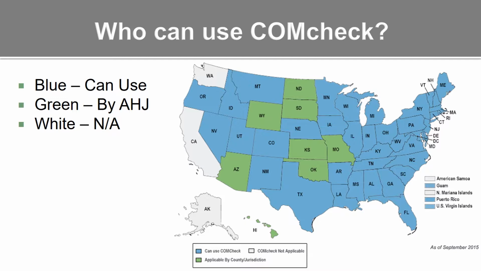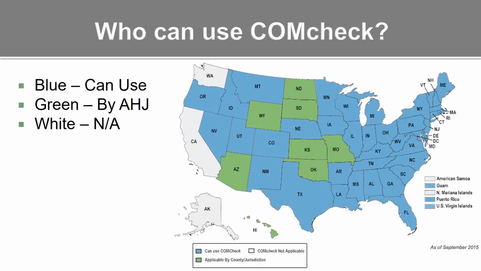In the past, Florida was not shaded, so it was a white state, and so was Minnesota, I believe. But recently, they have their own state-specific CommCheck software that can be used, and we'll get into that here shortly.